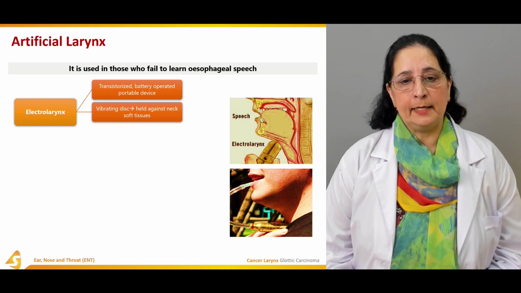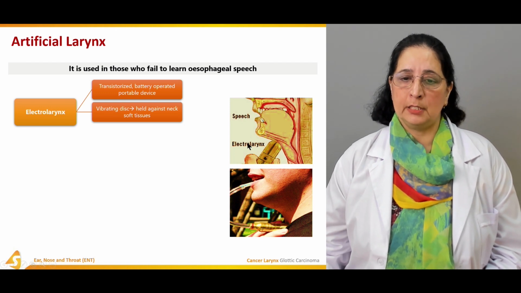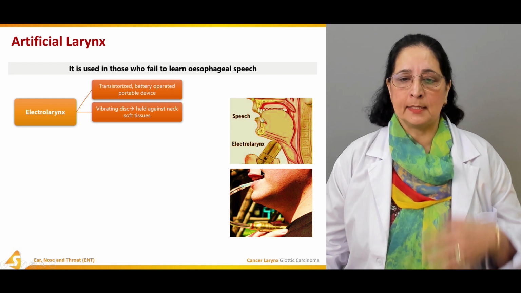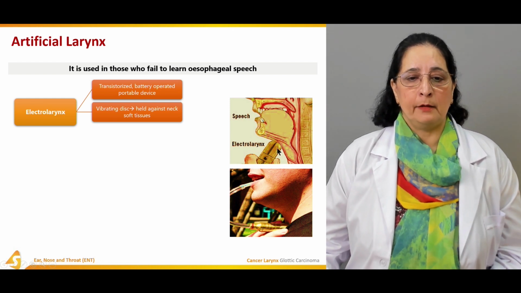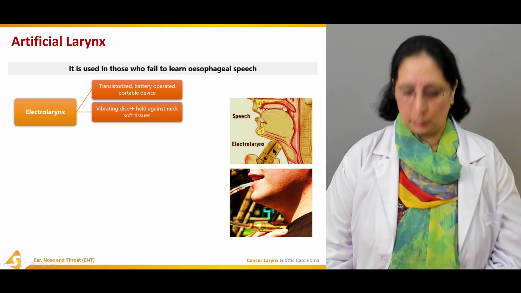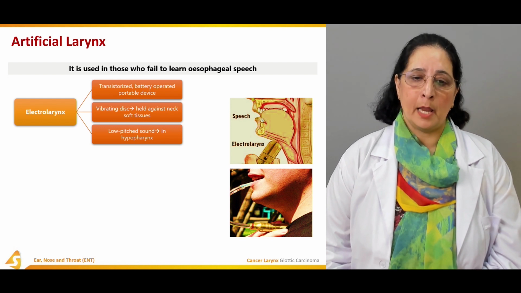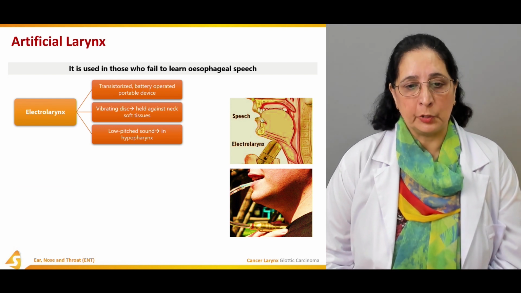It has a vibrating disc held against the neck soft tissue. Here is the picture which shows the electrolarynx, and the vibrating disc is held against the soft tissues of the neck. A low pitch sound in the hypopharynx is produced.